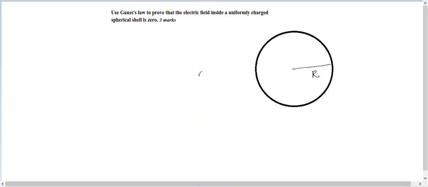To find E at a point P inside the shell, consider a sphere through point P and having the center O. So we have to make one more sphere.